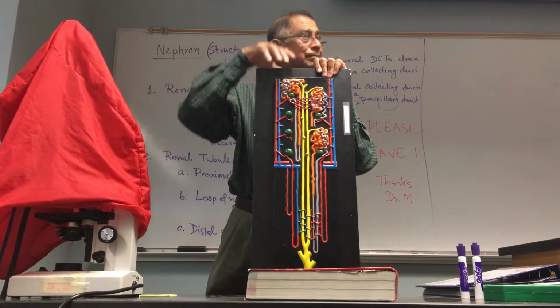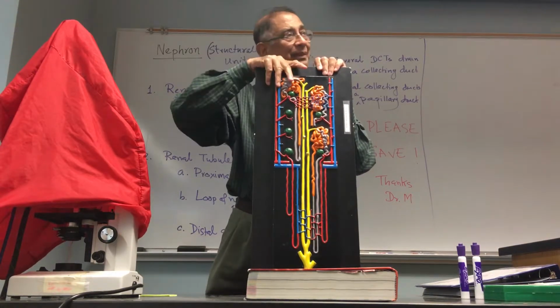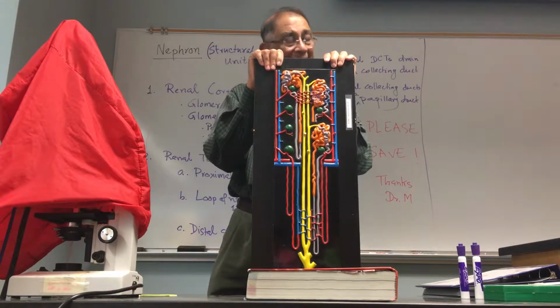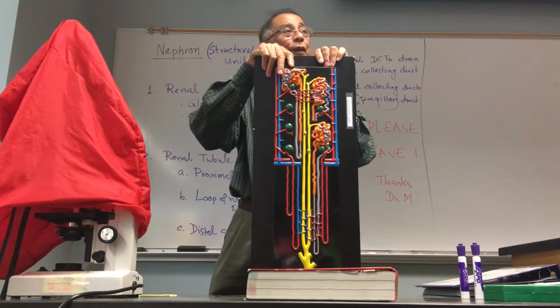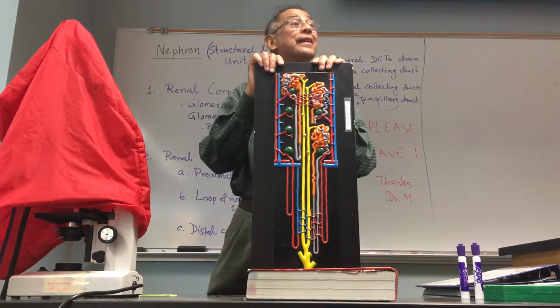If you measure the amount of filtrate formed in 1 minute in the glomerulus, called the glomerular filtrate, that amount is 125 milliliters per minute. And if you consider a day, it will be 180 liters of filtrate.